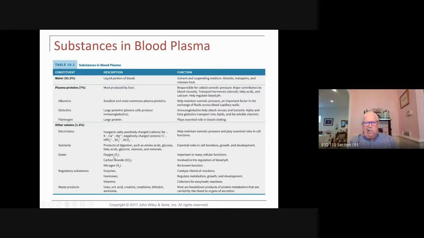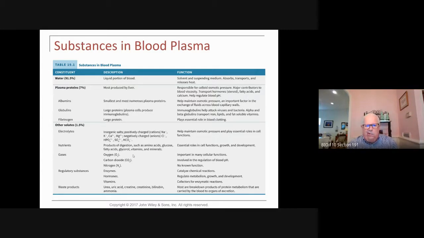The gases that are in your blood, well, the three big ones: oxygen, carbon dioxide, and nitrogen. Oxygen and carbon dioxide are certainly important in the life of a cell and also the regulation of the pH of the cell. Nitrogen is unimportant because we don't know what it really does.